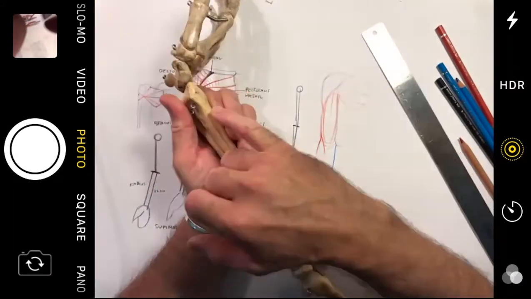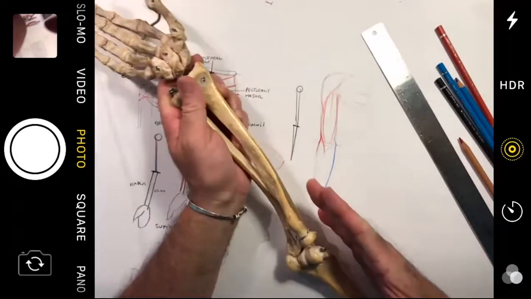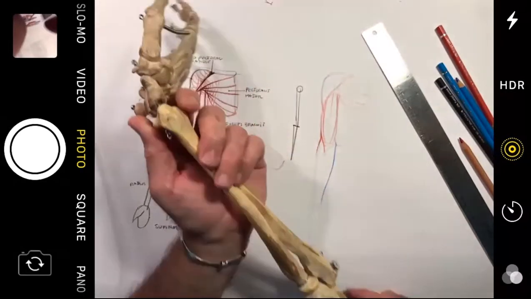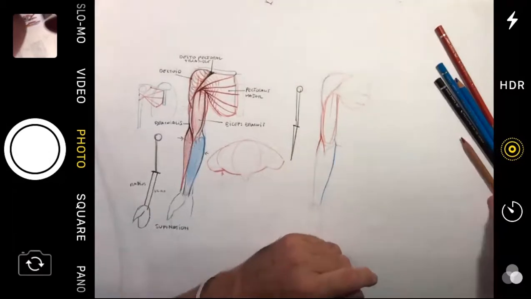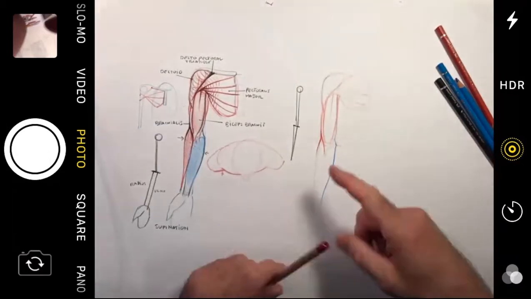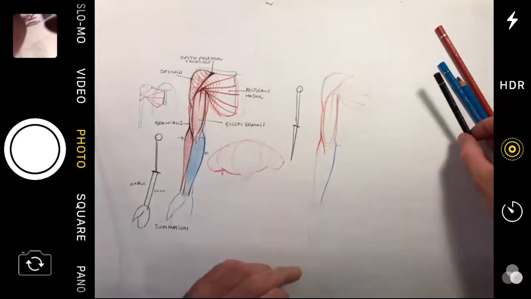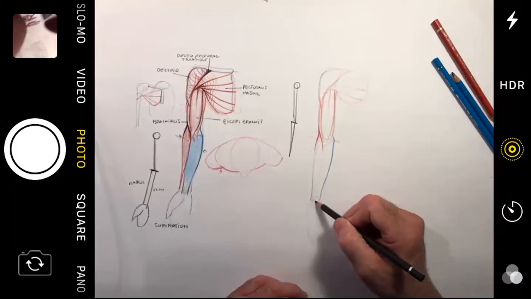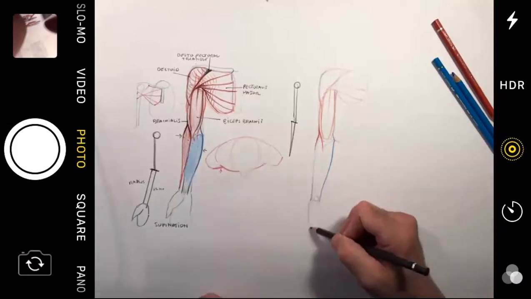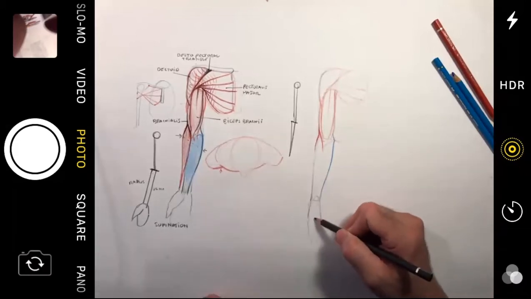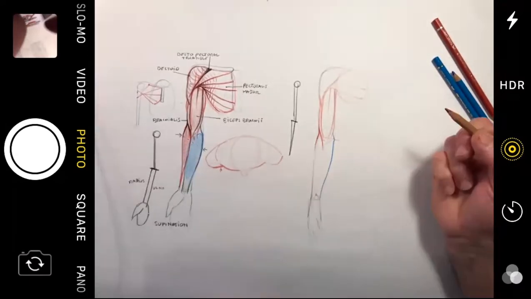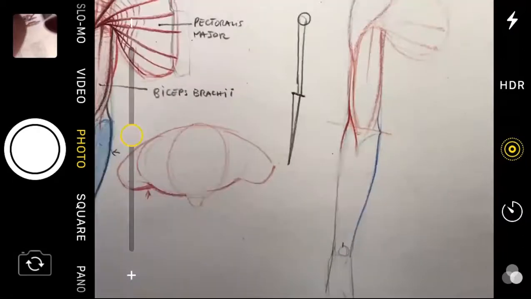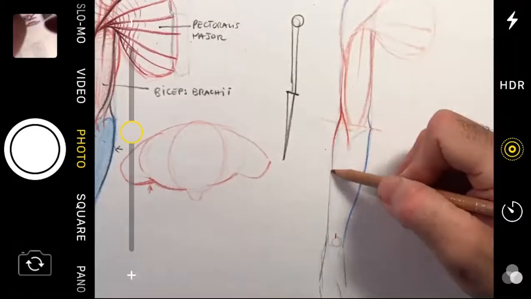So this muscle is fixed in here, but then as this rotates, the muscle has to follow that, right? It has to follow that. So I want to know where is the radius? Well, it's here, halfway in the middle of the wrist, right? Now, it has to end up here. So this is now the brachioradialis.